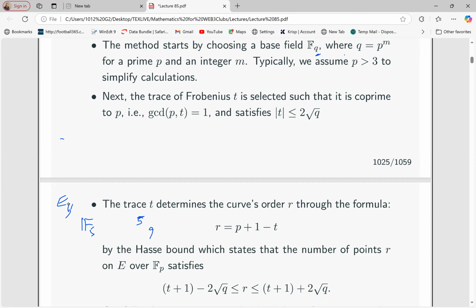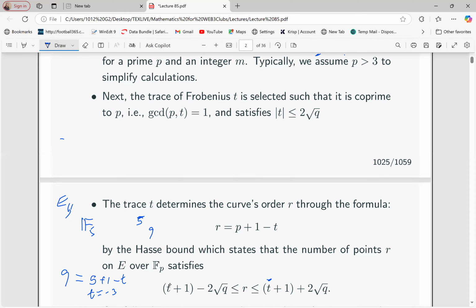So they're not very far from this. They must obey this. Where t, in our case, we found t last time. I don't remember what it was, but I think it was 9 is equal to 5 plus 1 minus t. It was 3. No, t was negative 3.